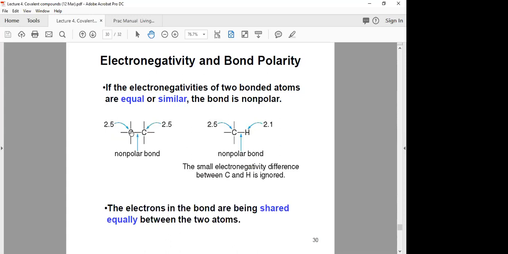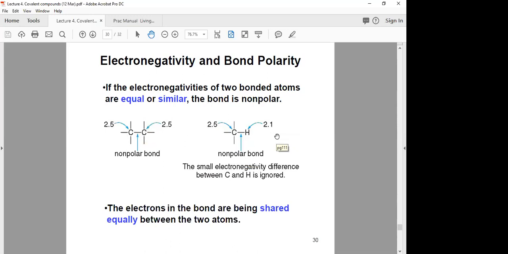If the 2 atoms participating in the covalent bond have the same electronegativity values, or very similar values, for example, 2.5 for carbon and hydrogen has a value of 2.1, we say that they are quite similar in terms of the pull that they would exert on the electrons in those covalent bonds.